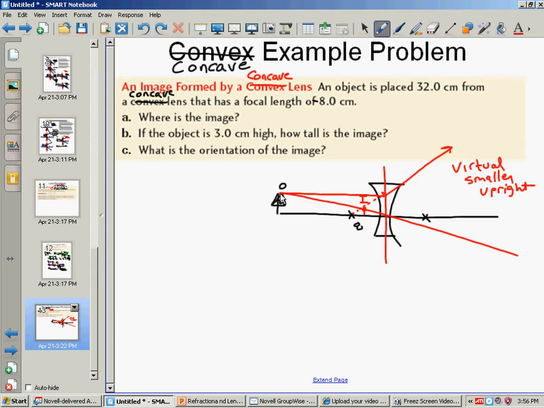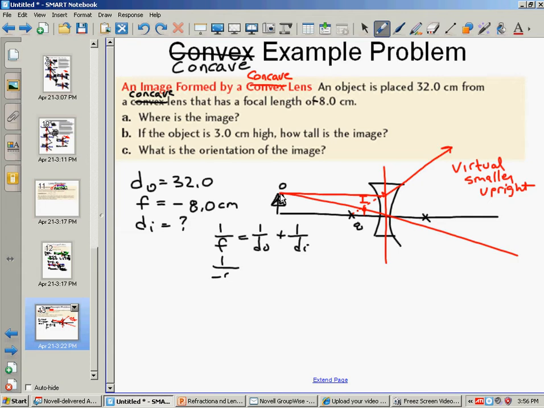So how do I find this one? Again, the distance to my object is going to be 32. My focal length is going to be negative 8. I'm looking for the distance to the image. So 1 over f, 1 over negative 8 equals 1 over 32 plus 1 over the distance to my image, which is unknown.